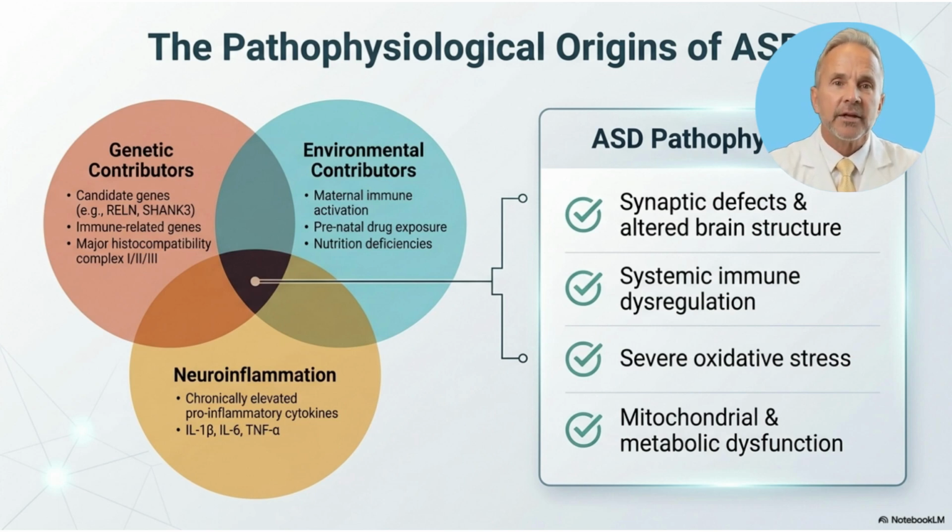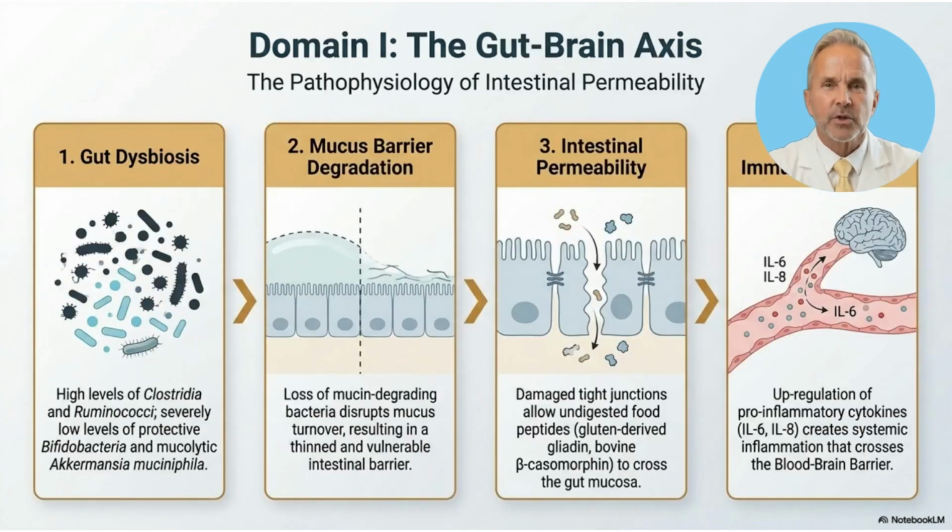These are driven by candidate genes like RELN and SHANK3, prenatal environmental exposures, and chronically elevated pro-inflammatory cytokines like interleukin-1 beta and interleukin-6.